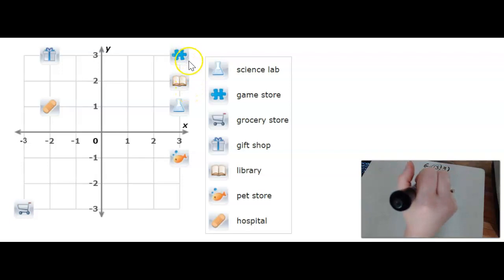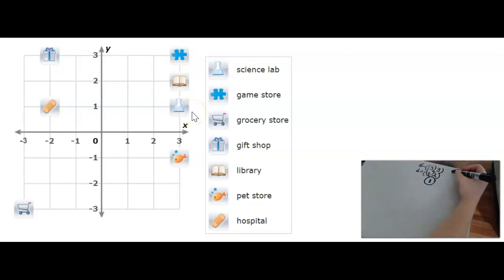So now let's talk about the science lab. Again, if we compare that to the game store at 3, 3, the science lab is at 3, 1, right?